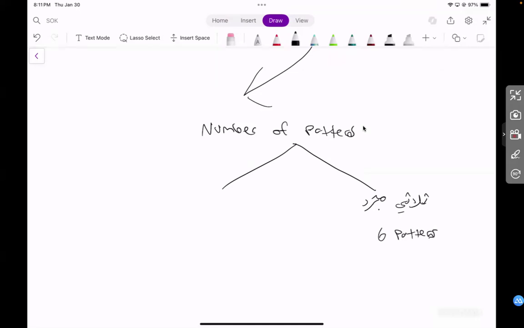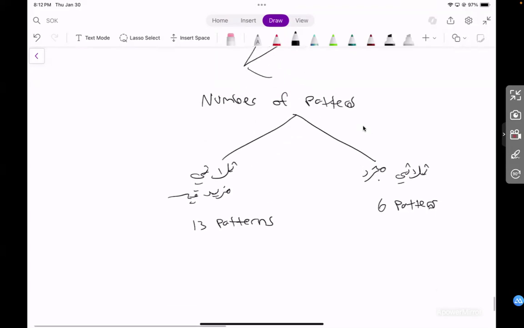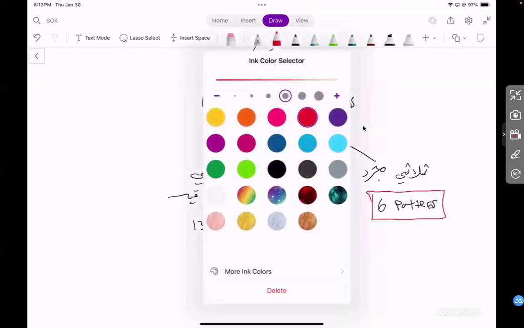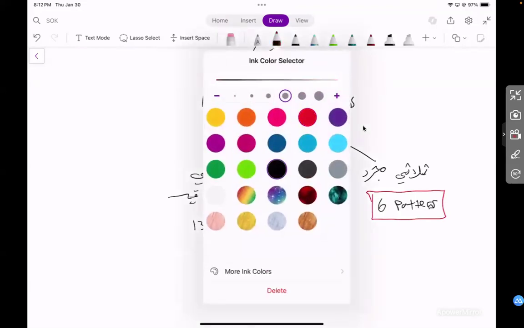And in thulathi mazid fi, you will have, I think, either 12 or 13. What we discussed last week were these 6 patterns. Anything in thulathi mujarrad is going to by default fall within these 6 patterns, and that's it. Those are your only options.